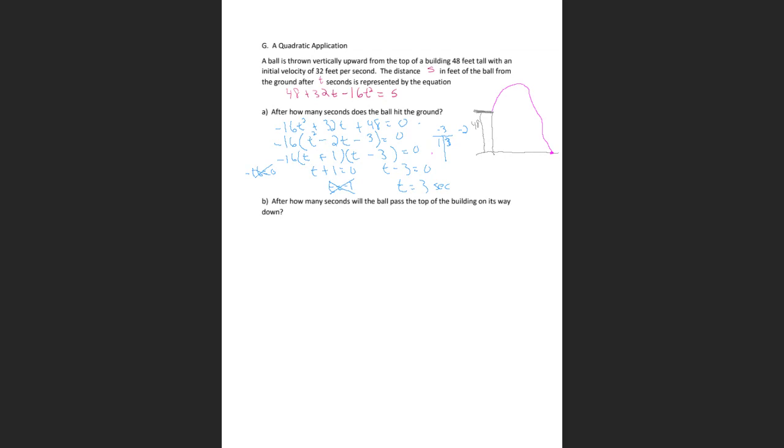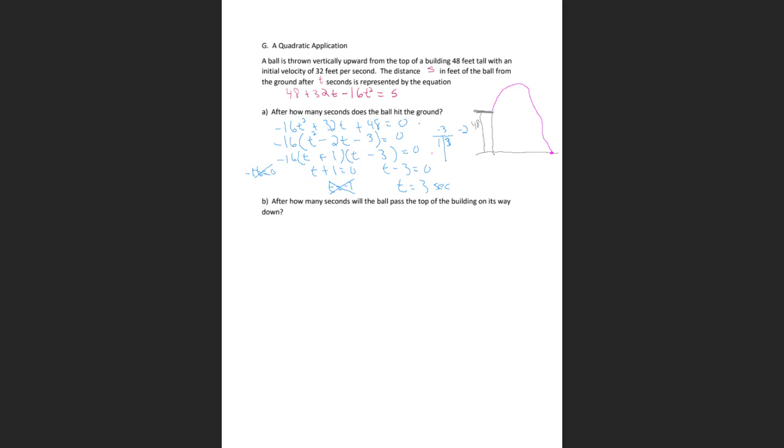So next question is, after how many seconds will the ball pass the top of the building on its way down? So here, what they're talking about from my picture is now we're throwing the ball, it's hitting its high point, and what we know is when it passes by the building again.